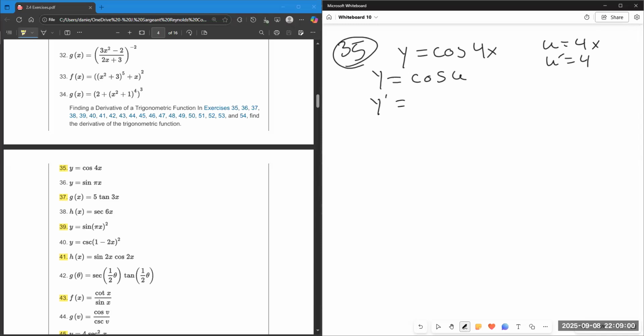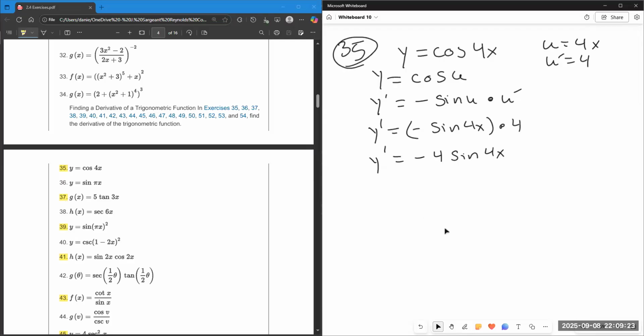So y prime will be a negative sine of u times u prime. y prime will be a negative sine of 4x times 4. y prime will be a negative 4 sine of 4x.